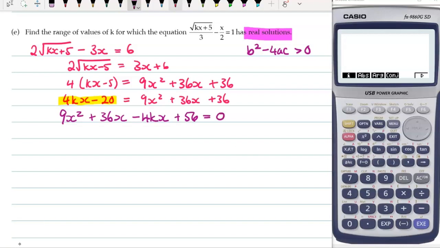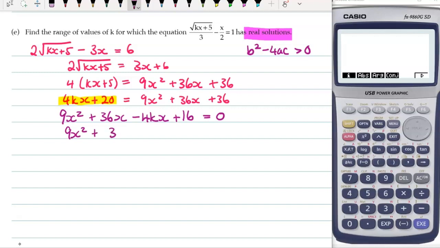And I've just spotted an error that I've made all the way through from this bit just here. That should have been a plus. So that's a plus, and that makes it 36 take off the 20. So that'll be a plus 16 in here. Apologies for that. Okay, so 36 minus 4k in the x's.